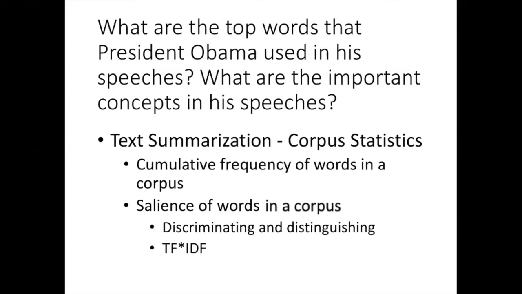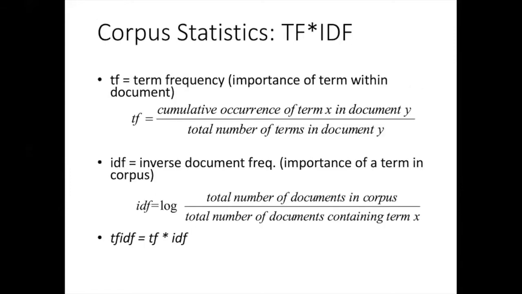Here, salience is defined as words that are discriminating and distinguishing within a given corpus, and can be captured by calculating the TF-IDF value per word. In TF-IDF, TF, or term frequency, is simply the frequency of a term within a document divided by the total number of terms in the document.